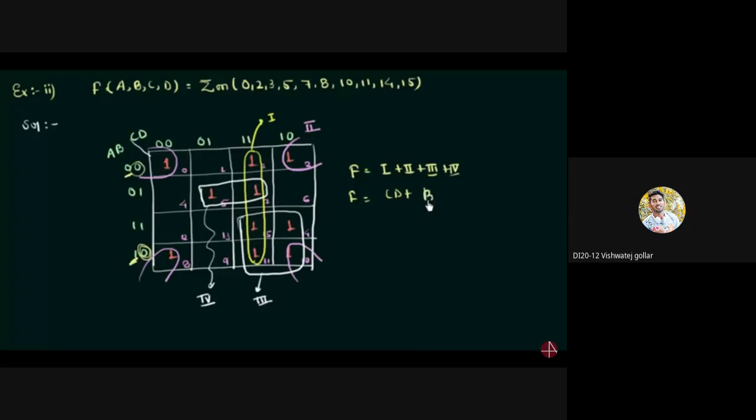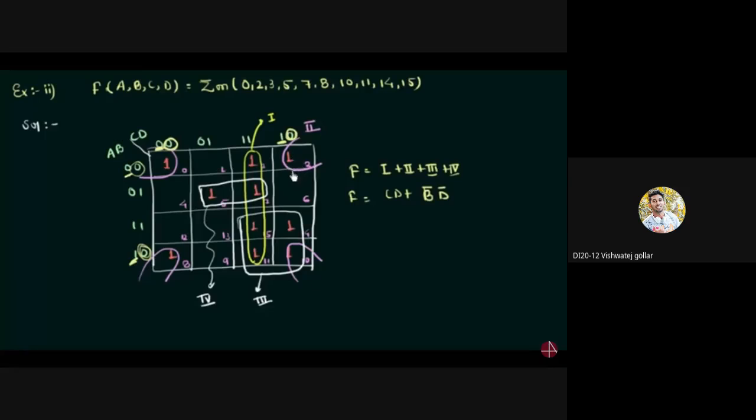So we will write B complement. Whereas in C and D, C is changing from 0 to 1, but D is not changing, it is D complement. So B complement and D complement is what we get from this second group of ones.